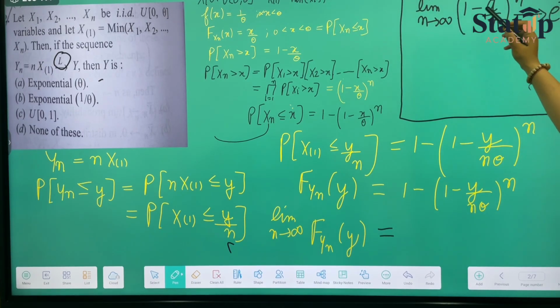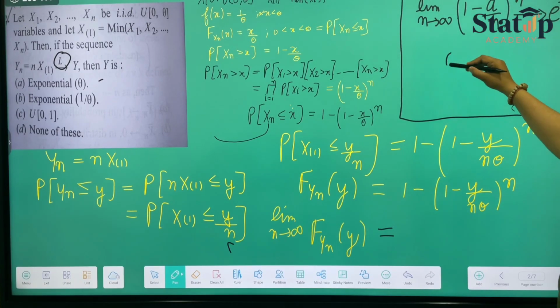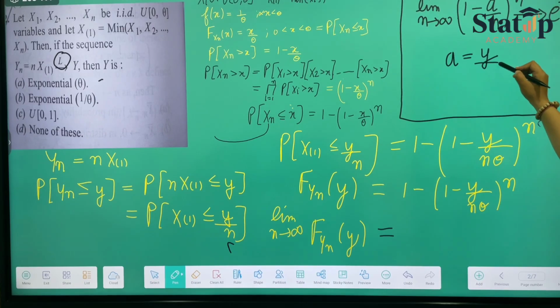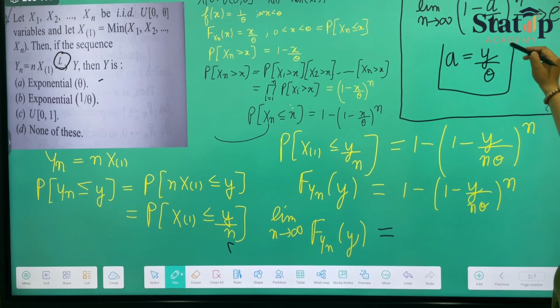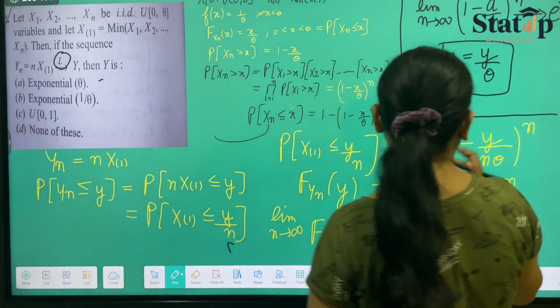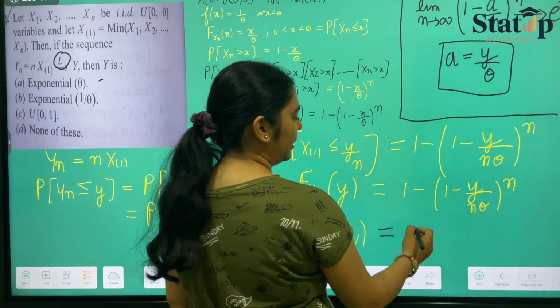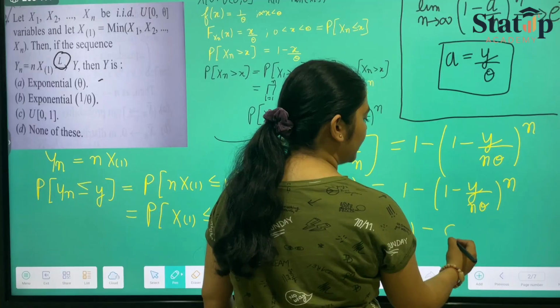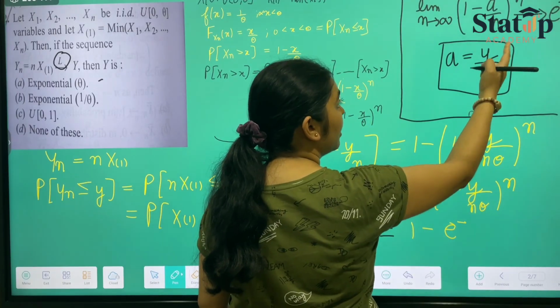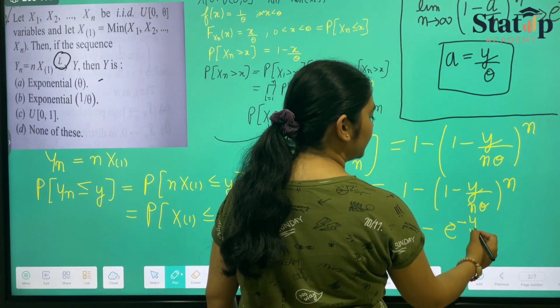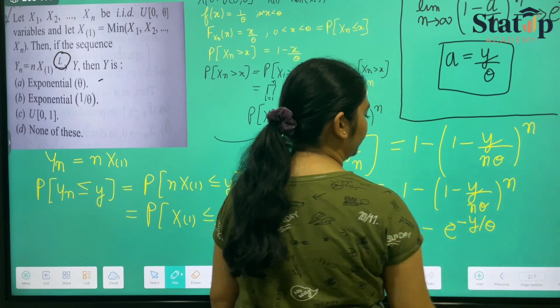When we put 1 minus a upon n raised to the power n, it always converges to e raised to the power minus a. Here a is nothing but y upon theta. So when we put the limit here, it converges to 1 minus e raised to the power minus a, and a is y by theta, so it reduces to minus y upon theta.